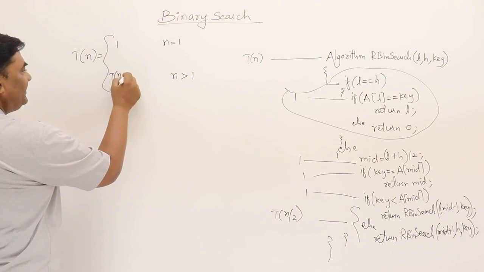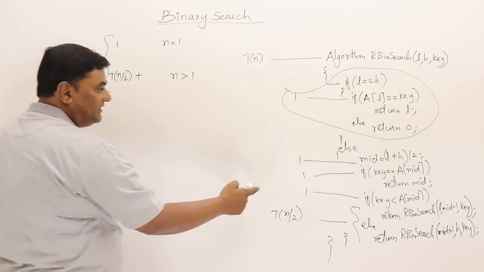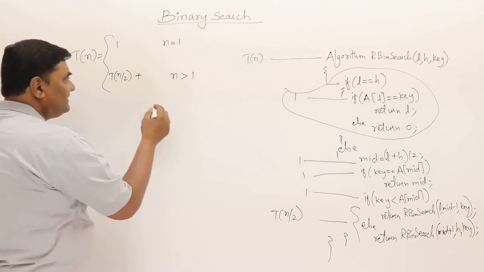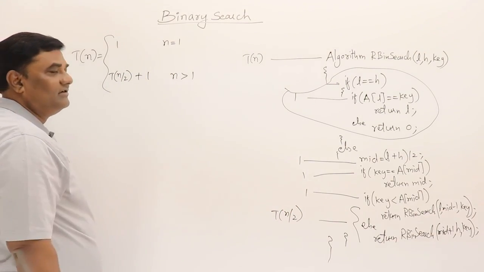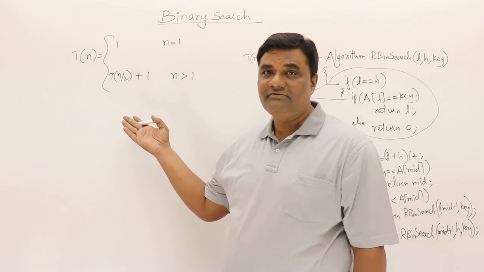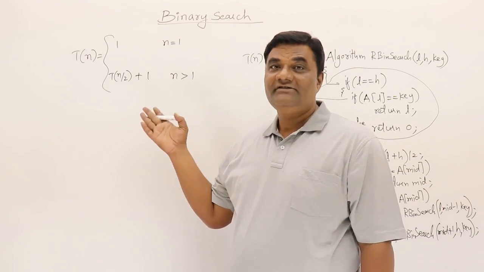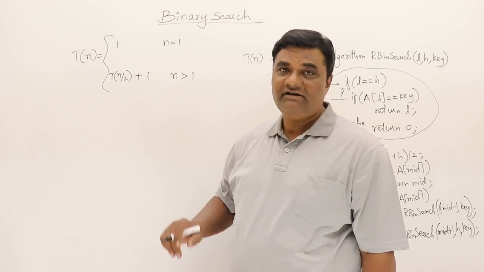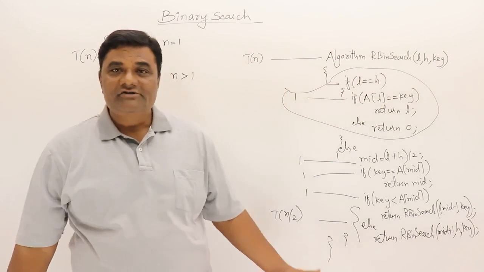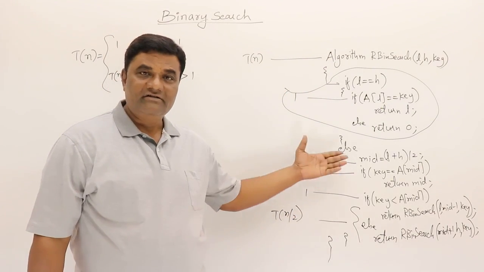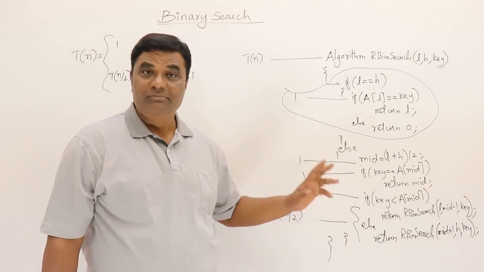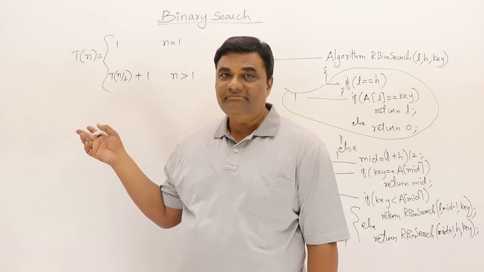So this is T(n/2) plus what? 1, 2, 3, so we write it as a constant, 1. This is the recurrence relation for binary search using divide and conquer strategy. The algorithm is calling only one time, either the left hand side or the right hand side, not both. So I have written it only as T(n/2).